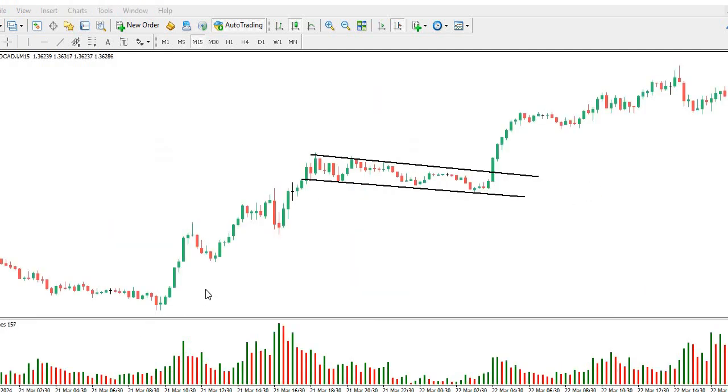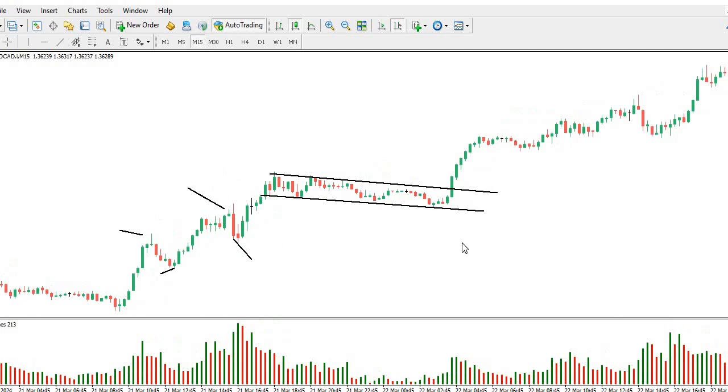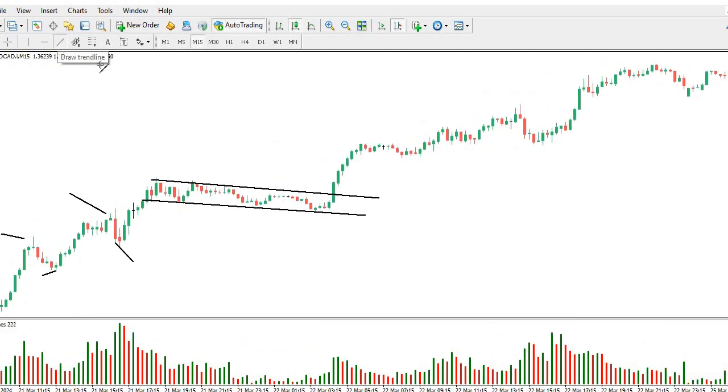So guys, this is the example of the formation of a descending channel in an uptrend. We know the market is in an uptrend because the market is forming higher highs and higher lows. So we saw the market form this descending channel.